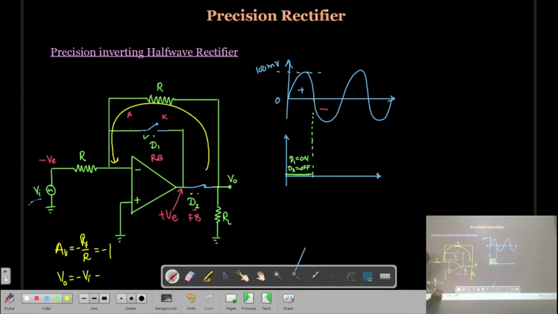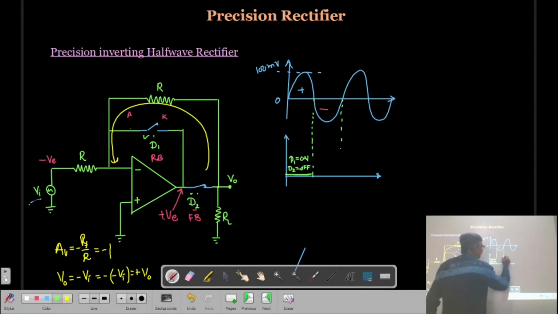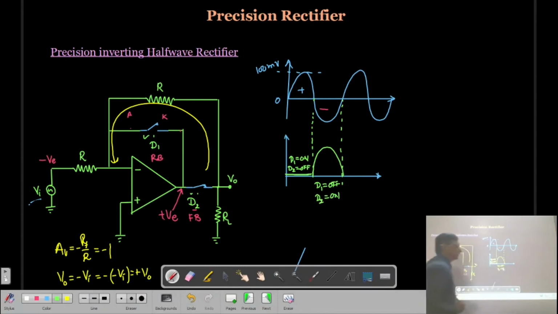And what is my input voltage? It is a negative input voltage. So the output will come out to be a positive output voltage. During this time period, if we see, this output voltage is present, where the D1 is in off condition and the D2 is in on condition.